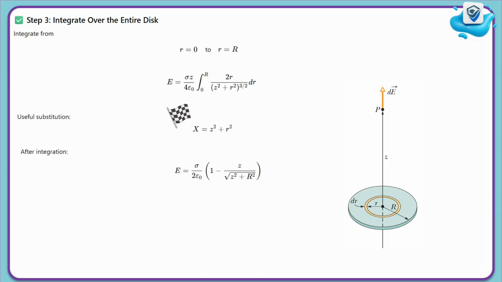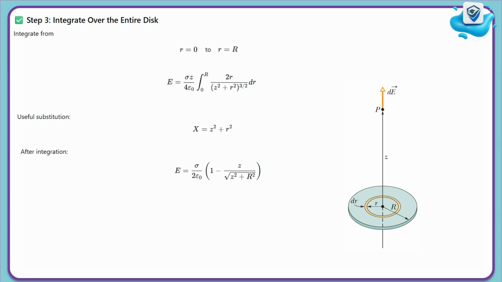Step 3. Integrate over the whole disk. Finally, we add the contribution of every ring by integrating from the center of the disk, where r equals 0, all the way to the edge, where r equals capital R. To solve the integral, we use the substitution x equals z squared plus r squared.